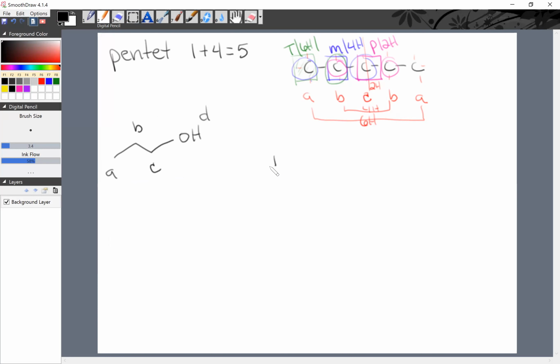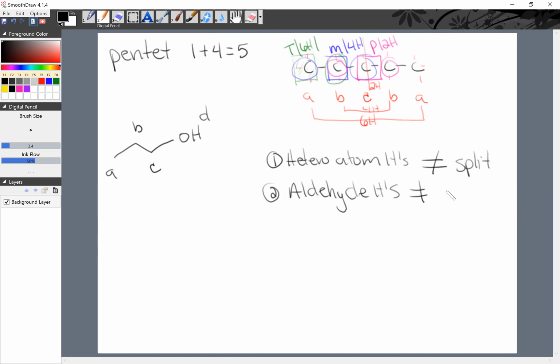And number 1, heteroatom hydrogens do not split. Neither do aldehyde hydrogens. So this hydrogen right there, that doesn't split.